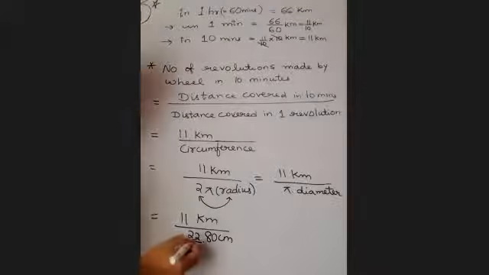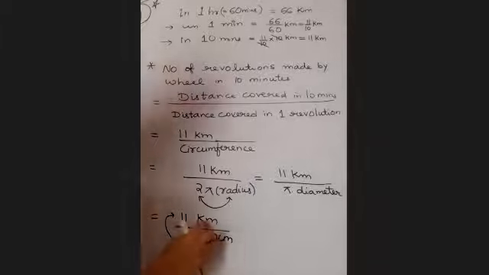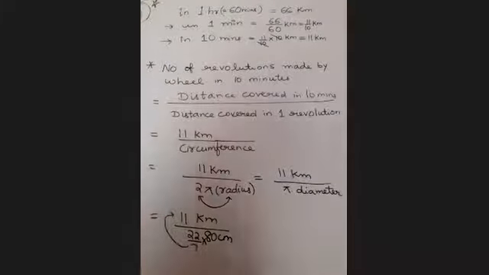Right? Now this 7 will go up, and as you can see, this is centimeter, this is kilometer. We need to come to a consensus. Now how to change kilometer to centimeter?